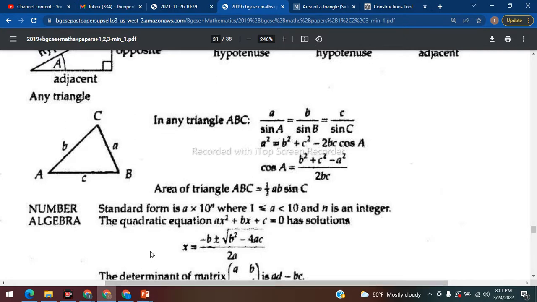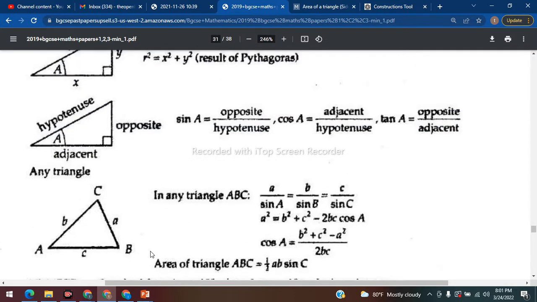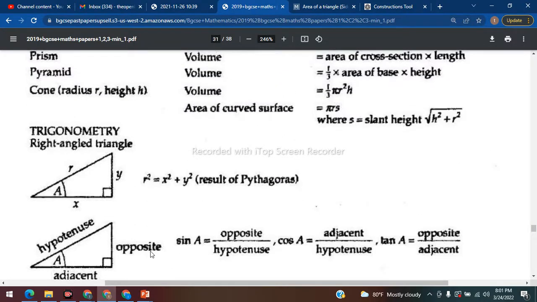Just scroll up. Gotta go up. Yeah, where I say S is equal to slant height. That's when you're dealing with a curved surface, right?